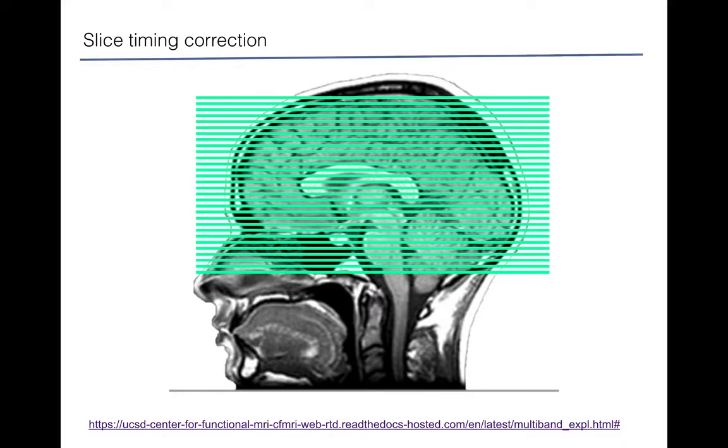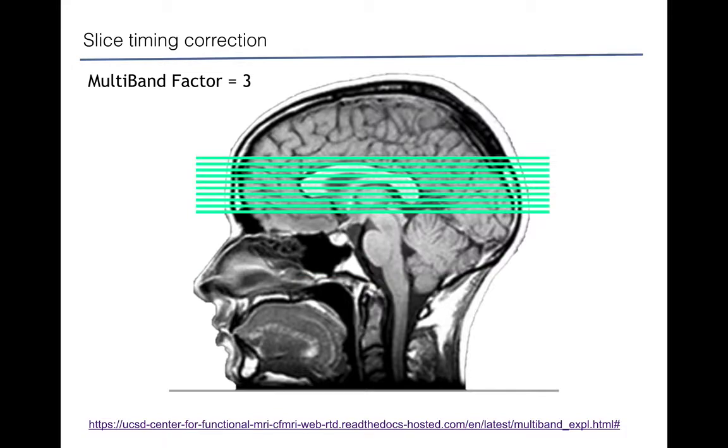But if you use the interleaved manner, you collect, let's say, even slices first and odd slices later. These slides show you how the interleaved acquisition works. This is the case for single band acquisition.